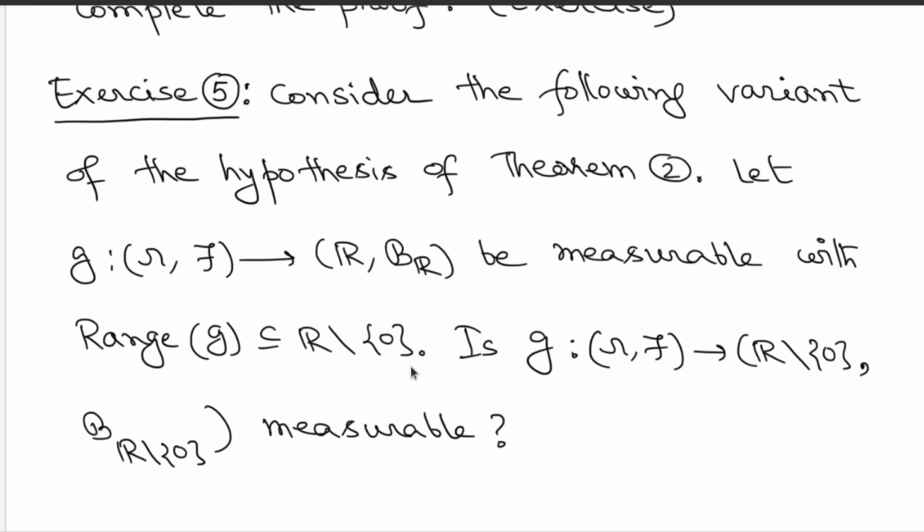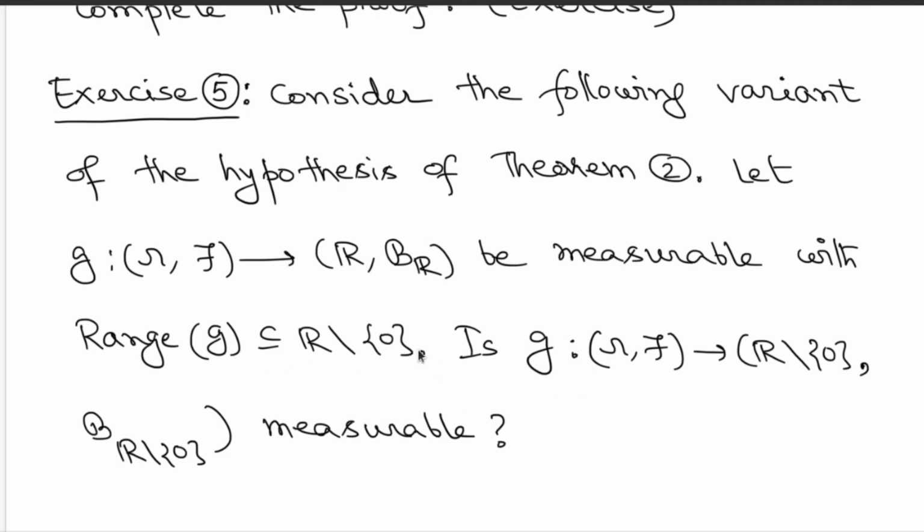In the previous hypothesis you were only checking measurability for measurable sets coming from R minus 0, but now you are saying g is measurable with the Borel sigma field on R. So you have checked it for all Borel subsets of R, not just R minus 0, right? With those measurable sets you have checked the pre-images, and they turned out to be in the domain side sigma field. Now with this general condition, you assume that the range of g is contained in R minus 0. The question is whether g is now measurable with respect to the sigma field on R minus 0.